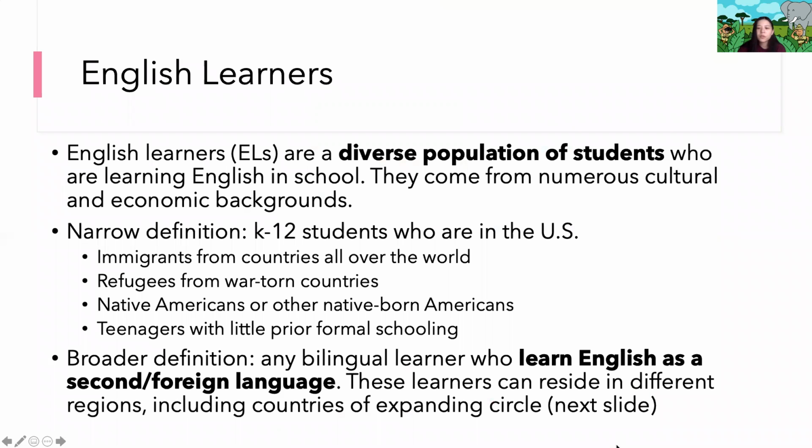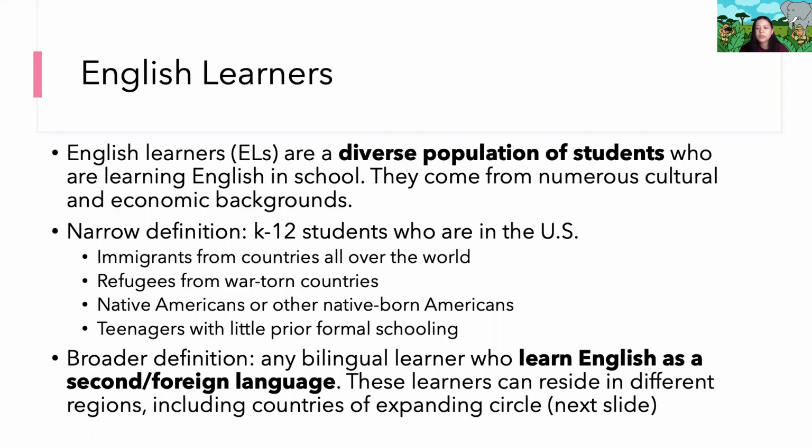We want to start our topic by mentioning English learners. I believe this is a term that you are very familiar with. English learners are a diverse population of students who learn English in school, and they are from different cultural backgrounds. Since we're in the United States, as we talk about English learners, we always refer to students from kindergarten to 12th grade who study in the United States.